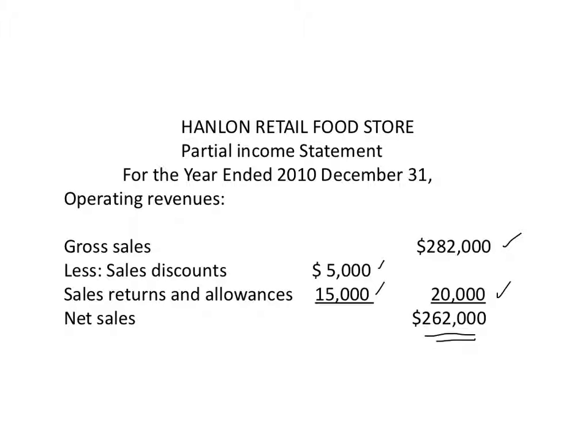So that's how we record sales transactions. And now you have some new terms, sales discounts and sales returns and allowances. Both of these new accounts are called contra revenue accounts. Next, we look at the cost of goods sold section.